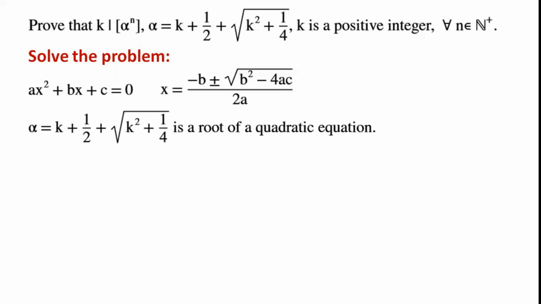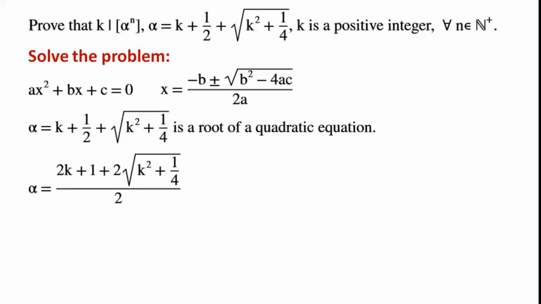Alpha equals k plus a half plus root of k squared plus a quarter must be a root of a quadratic equation.